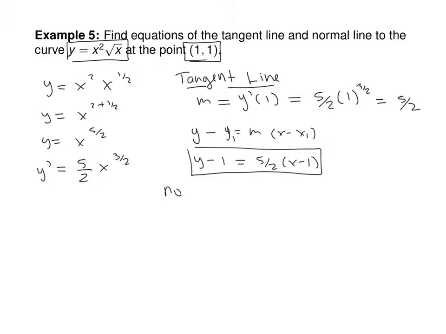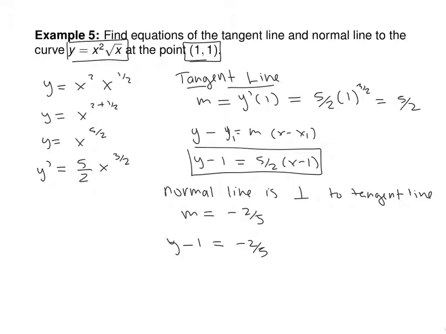Now the normal line is perpendicular to the tangent line. So what is its slope? Negative 2/5. Exactly. And then the equation is y minus 1 equals negative 2/5 times x minus 1. There you go.